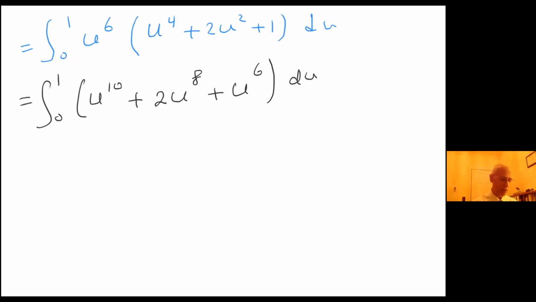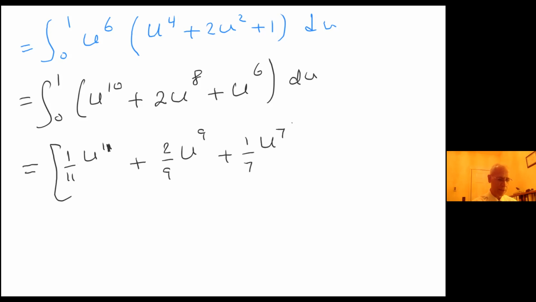So this gives u to the 11 times 1 over 11 plus u to the 9, so 2 over 9, plus u to the 7, and I get a 1 over 7 in here, from 0 to 1. Not bad.